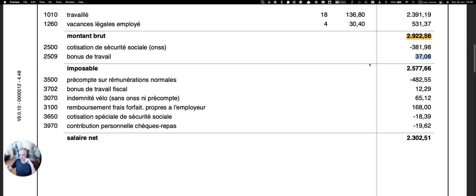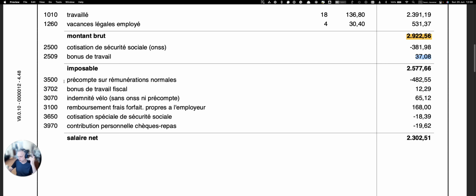So, all right. We start with the gross. We deduct the employee's normal social security contribution, you add the bonus that we just discussed, and you get to the taxable amount. So this is the amount to which the income tax will be applied. So the next line is actually the tax.